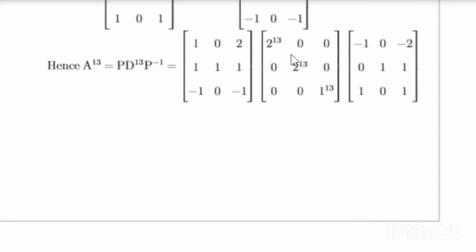After the calculation you can see that A raised to 13 is [-8190, 0, -16382; 8191, 8192, 8191; 8191, 0, 16383]. So A raised to k equals P D raised to k P inverse.